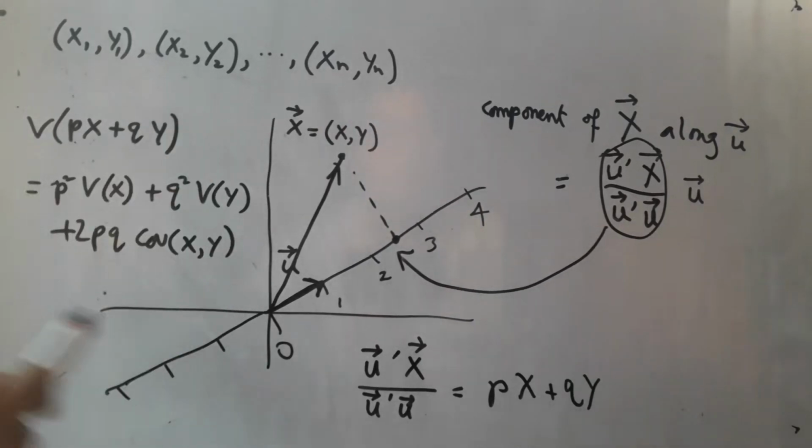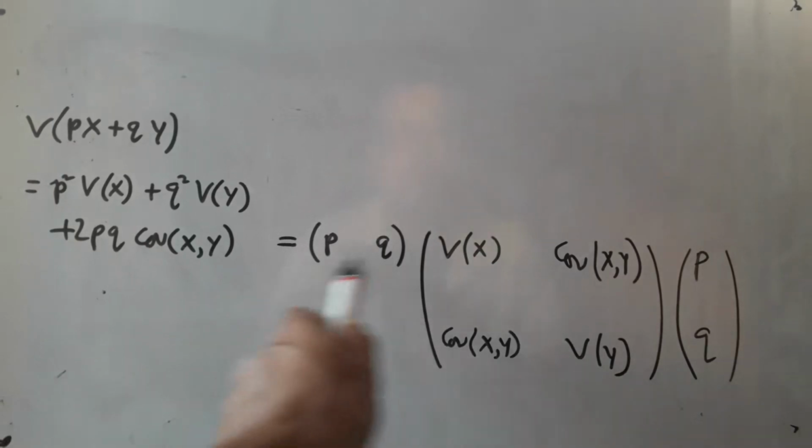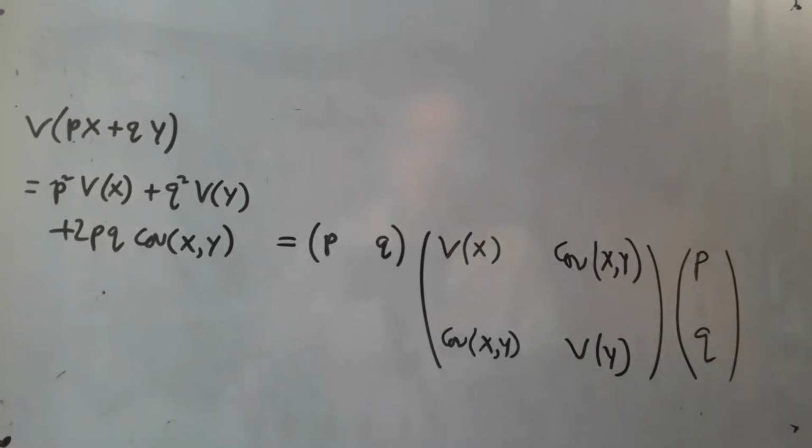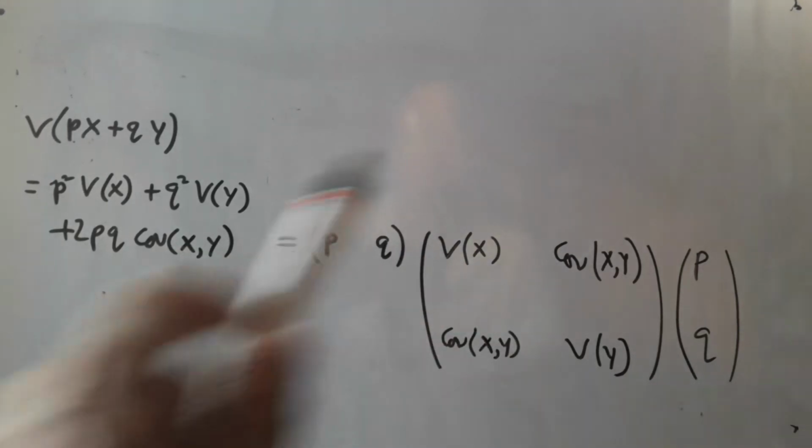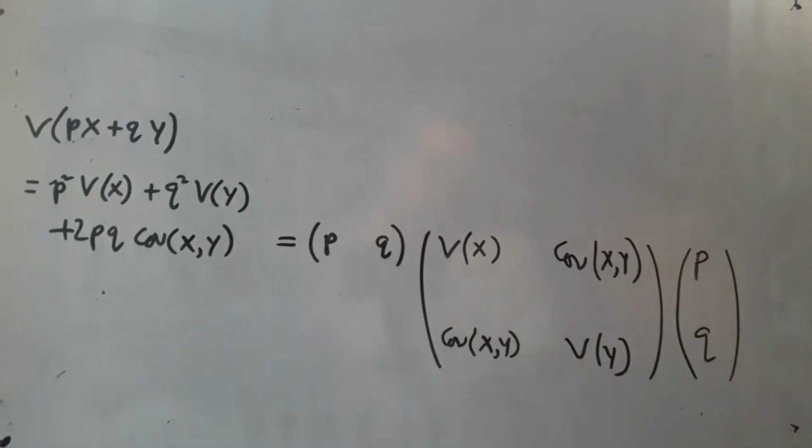Now this can be written in a nice form using matrix multiplication as pq written as a row vector times this 2 by 2 matrix times the same pq but now written as a column vector. If you just do the multiplication, you will see that you will get this.